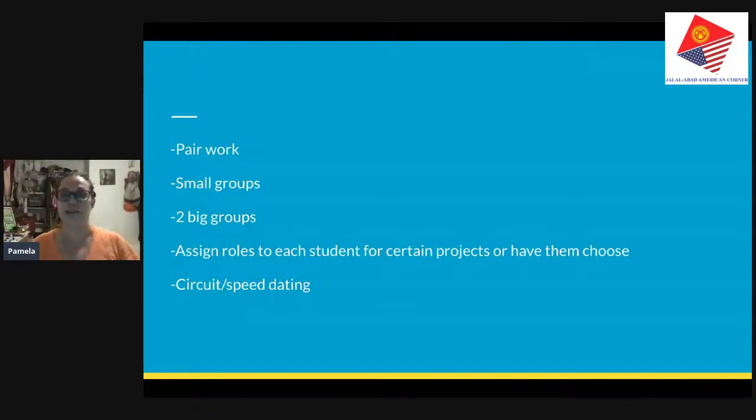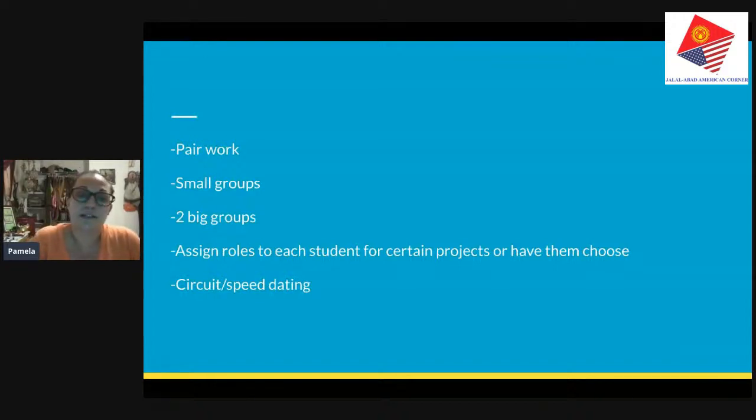Who is going to be the one to write the ideas down, and who's going to be the one to say the ideas, and whatever the artist or the researcher, whatever the project is that you're doing. And you can have a project just for that day, or you can have a project that goes over a couple weeks or like a month, like what we've done for English Week, where you are leading up to a big project for English Week.